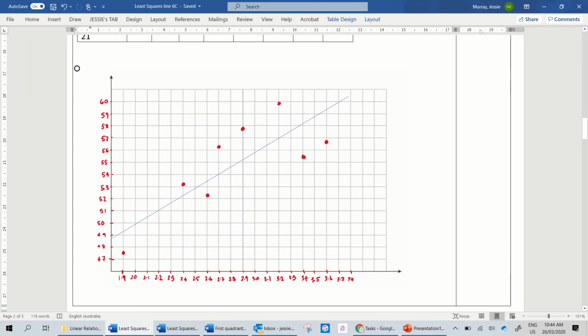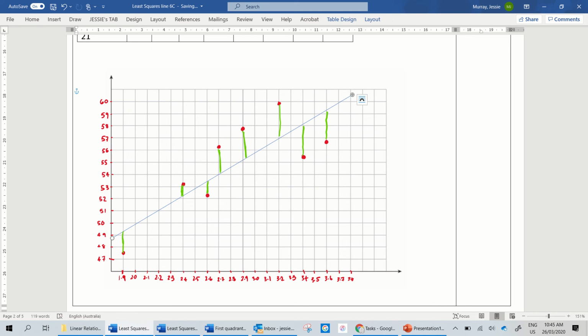If I draw a line from every dot up or down to my line of best fit, the idea is you'd want the smallest distance possible from all of them. So how could I maneuver this line of best fit so that the sum of all those differences is as small as possible, okay?